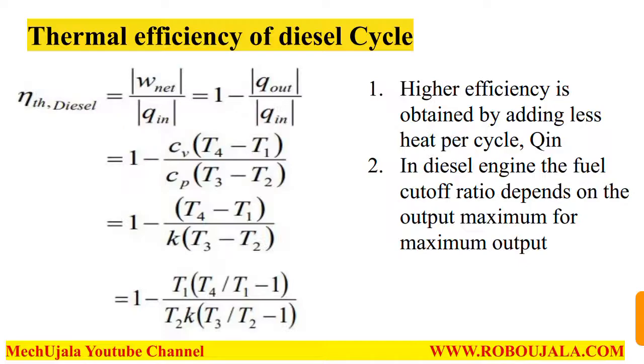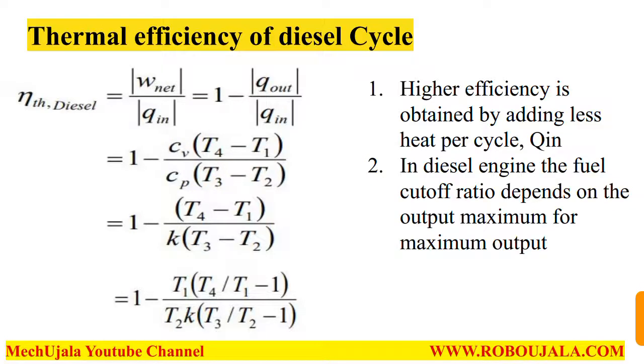Now let's calculate the efficiency of the diesel cycle by using this formula. Then we will get 1 minus Q output by Q in, and we are getting heat output at constant volume, so we will get Cv (T4 minus T1), and for heat input at constant pressure we will get Cp (T3 minus T2).